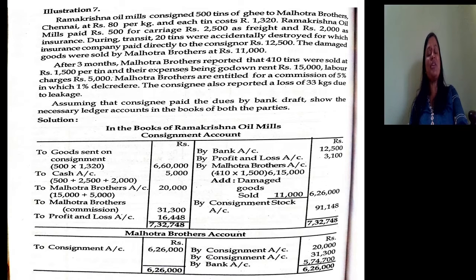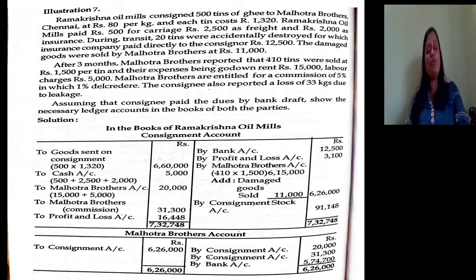So what's the journal entry? Consignment account debtor to Malhotra Brothers 6,26,000 into 5%, 31,300. This will be recorded on the credit side of Malhotra Brothers also. Then the consignee also reported a loss of 33 kgs due to leakage.